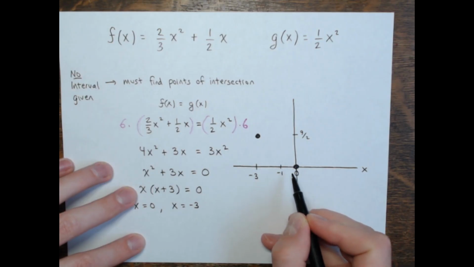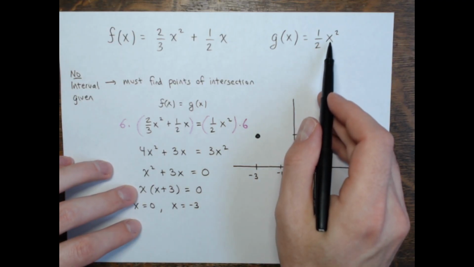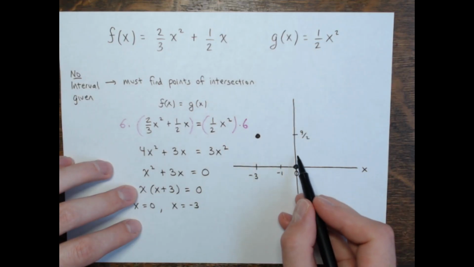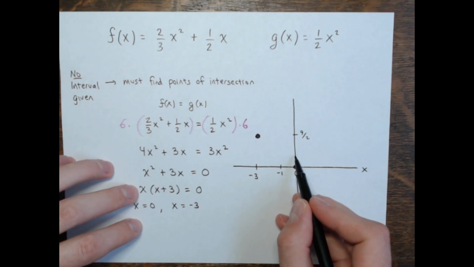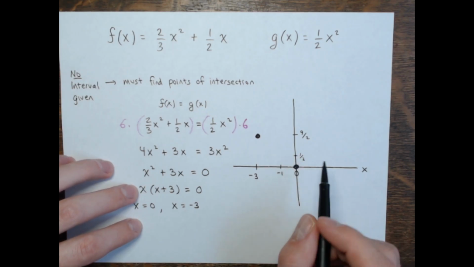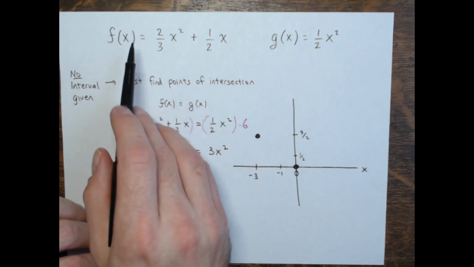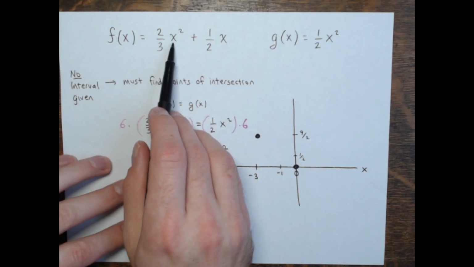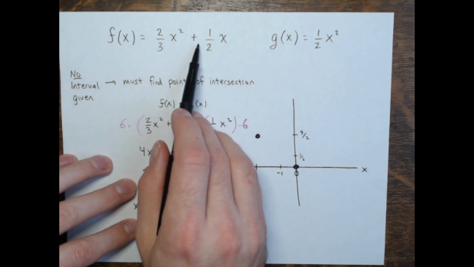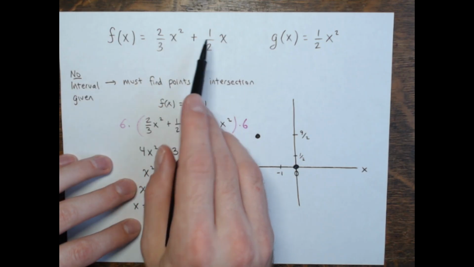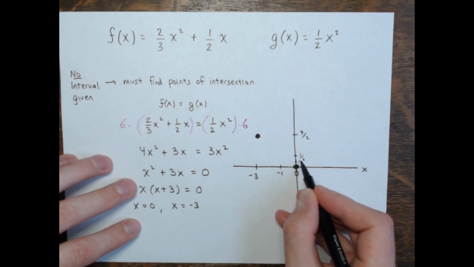I'll just do -1 to make it easy. The value of g at -1 would be 1/2. And the value of f at -1 would be 2/3 minus a half. That's 4/6 minus 3/6, which is 1/6, which is even smaller.